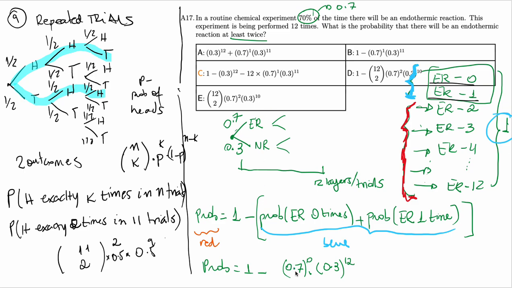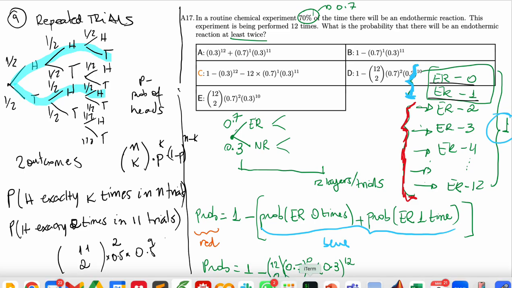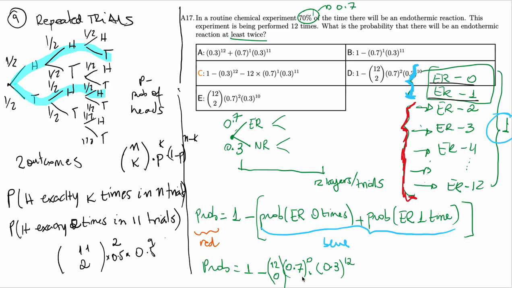So this would appear 0 times, and actually the 0.3 would appear 12 times. All of the branches would be non-reaction. Okay? But this is not the answer. The answer is we have to put the binomial in front. And we have 12 trials selecting 0 to be endothermic reaction. Okay?